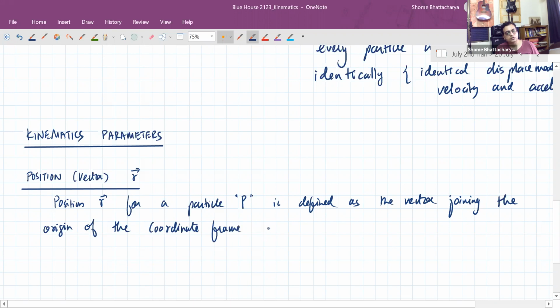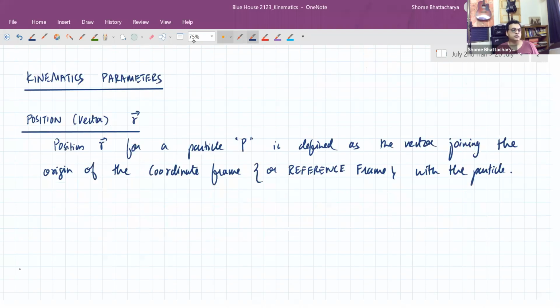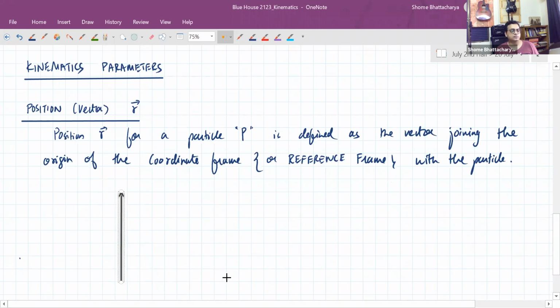The coordinate frame is also called the reference frame. With the particle. So the position is nothing but the vector that joins the origin of our reference frame with respect to where the particle P is located. That's how we define the position as a vector quantity for a given particle.